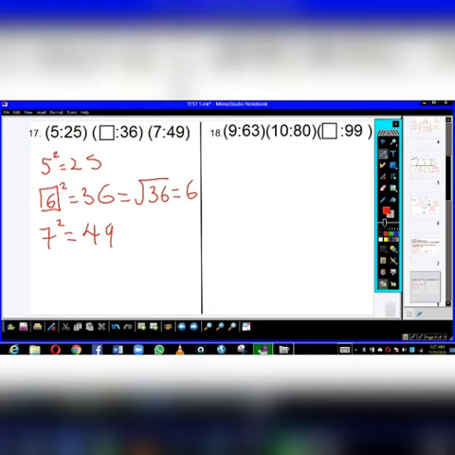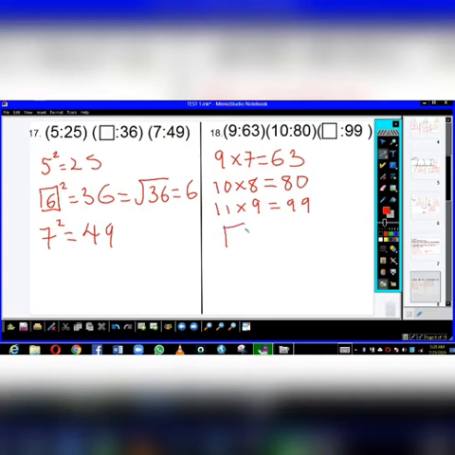Here we are going to multiply 9 times 7, and that will give me 63. 10 times 8 will give me 80. 11 multiplied by 9 is equals to 99. So the value of box is equals to 11.